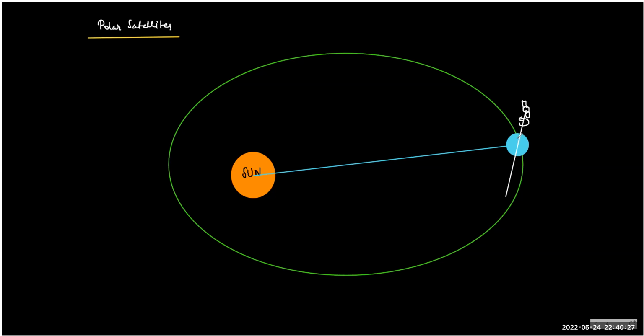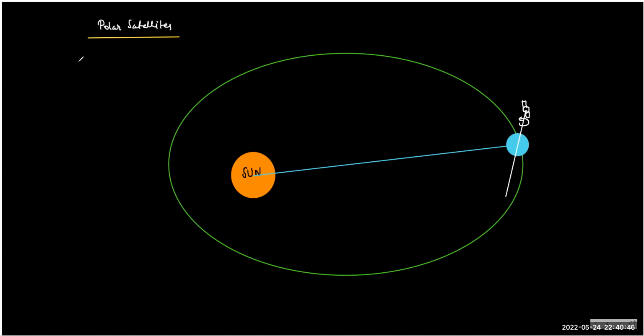So in a way, you make a parallel orbit around the Earth's orbit, slightly shifted up, and that is totally okay for the size and dimension of the sun. And then you remain above the Earth, and that's why it's called the polar satellite.